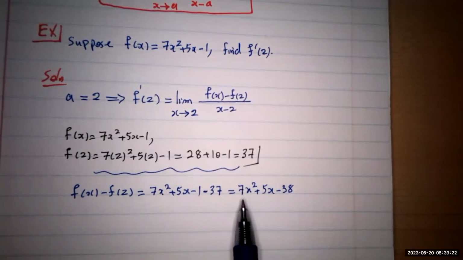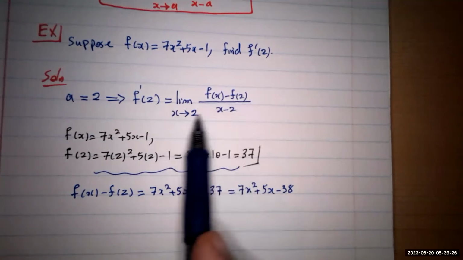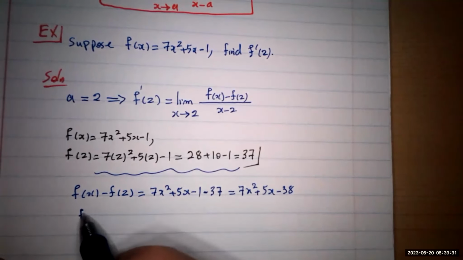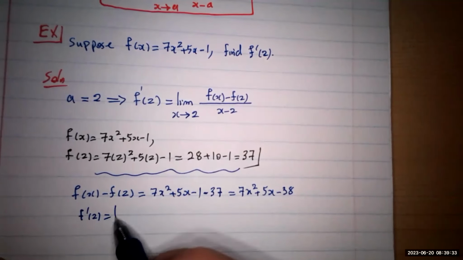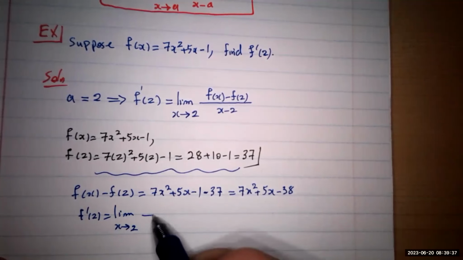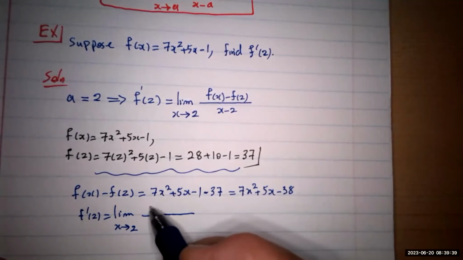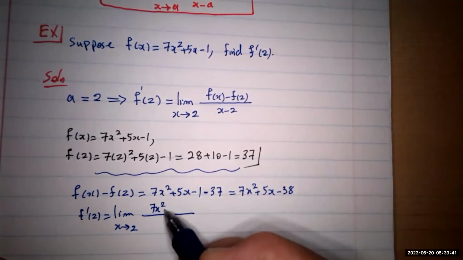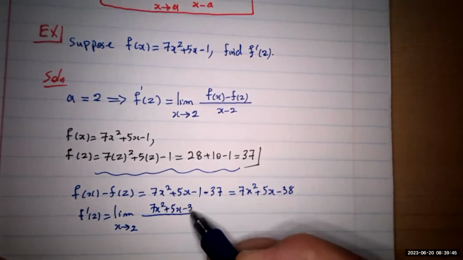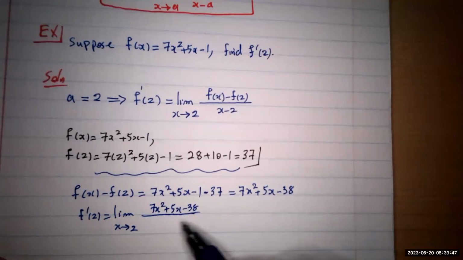So I go back to the formula that I have over here. My f prime of 2 now is going to be the limit as x goes to 2 of, on the top, 7x squared plus 5x minus 38, and on the bottom, x minus 2.